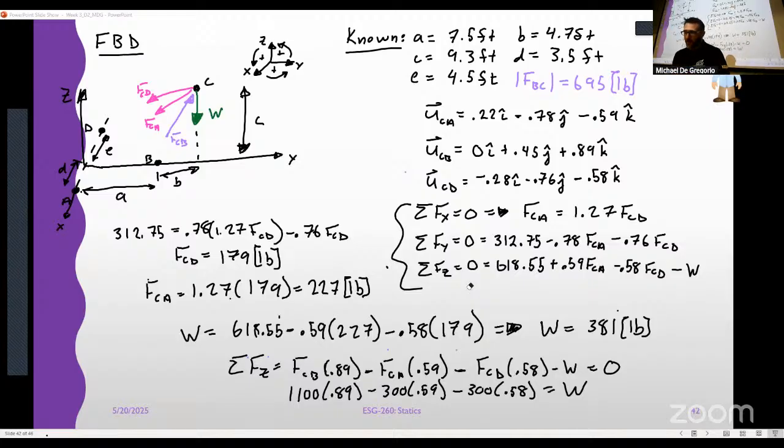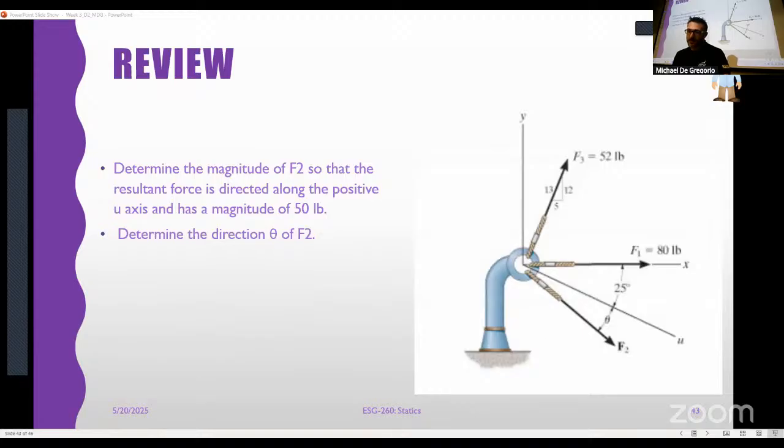Okay? We obviously do not have time for this problem, but I will show it to you and you guys can access it in the discussion question, right? This one is to determine the magnitude of F2 so that the resultant force is directed along the positive U axis and has a magnitude of 50 pounds, right?